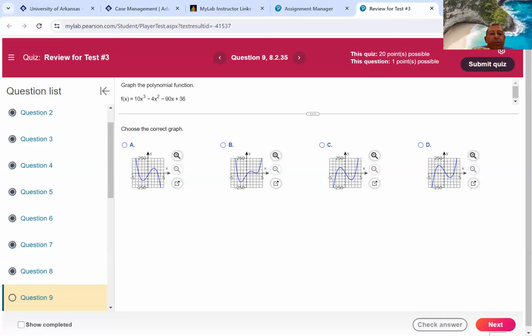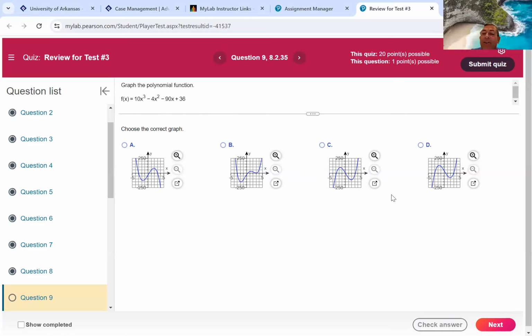And there's 10 of them, so it looks like the y's are going by 25 each time. But y'all check this out. My lead term is a 10x to the 3rd. So it's an odd degree and positive. That's going to be kind of like an S, going uphill, up from left to right.